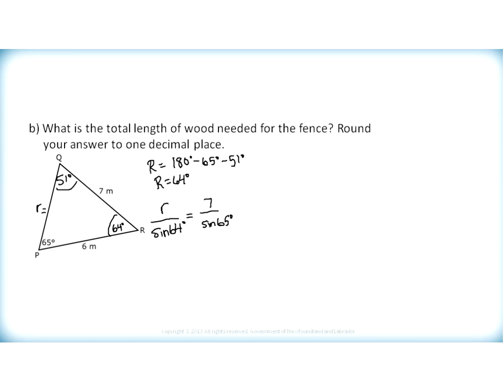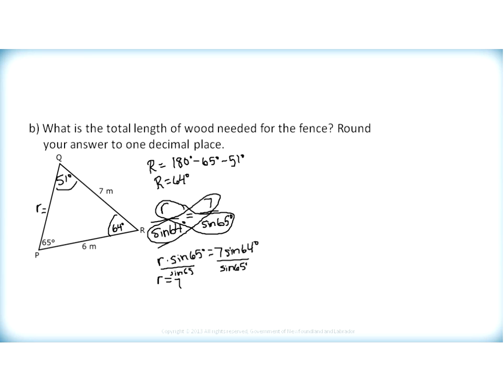So I'm going to cross multiply. So r times sine 65 degrees is equal to 7 times sine 64 degrees. So r is equal to, divide both sides by sine 65.